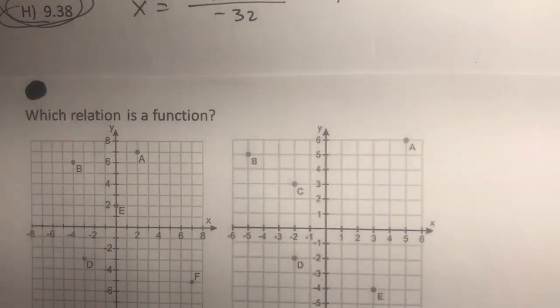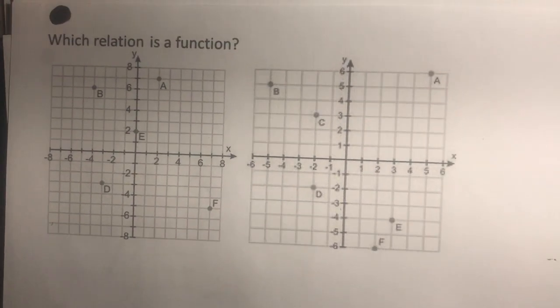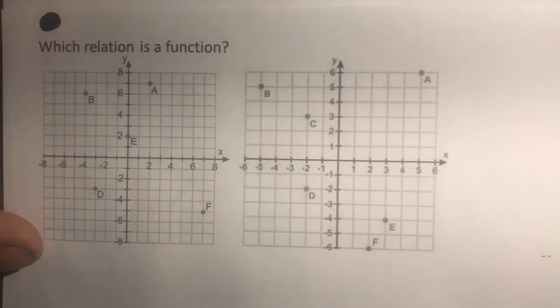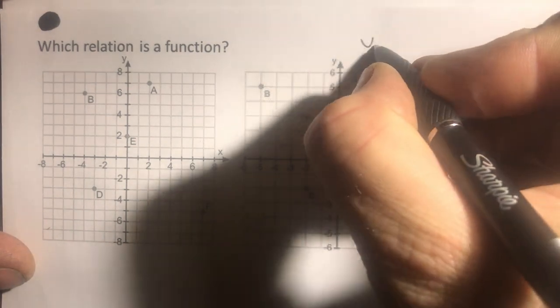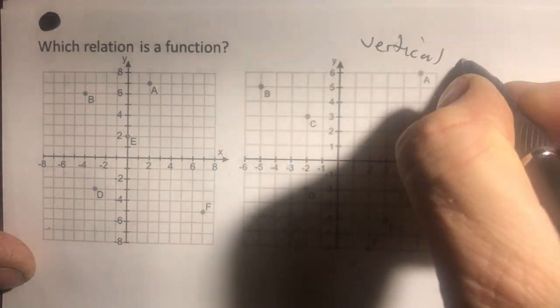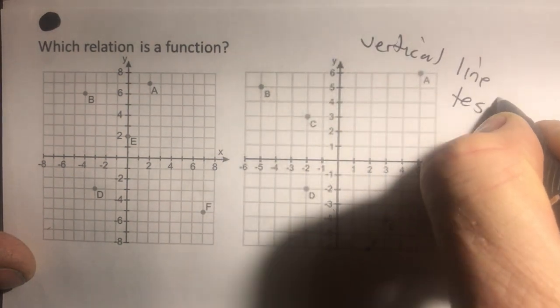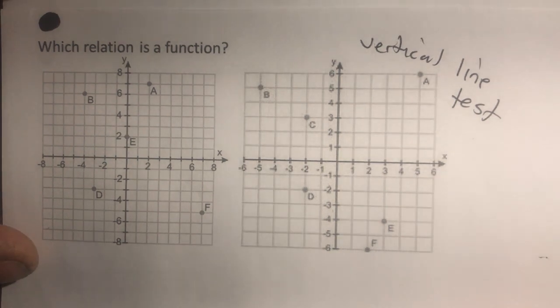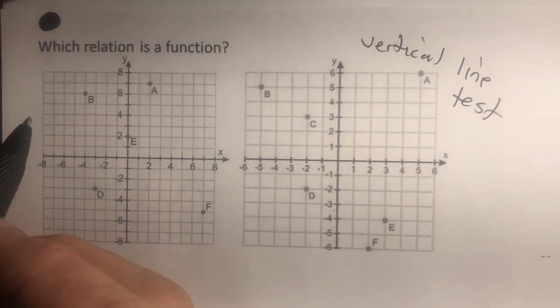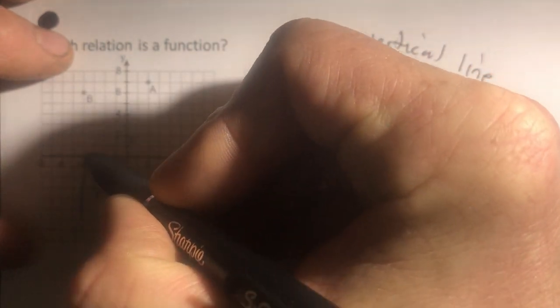All right, now, down here. Which relation is a function? Which one's a function? All right, you got these points plotted. And so what you got to do is this vertical line test. If you can draw a vertical line and touch 2 points, it's not a function. So if I look at this one here, if I draw a vertical line there, I only hit that one.